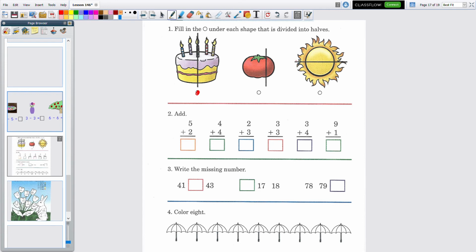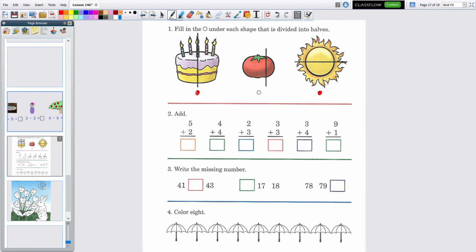If we could cut it into 2 pieces right there, would this side be the same as that side? Yes, it is. So those are equal. That means the sun is divided into half. It's divided in halves. So fill in that little bubble. Okay.